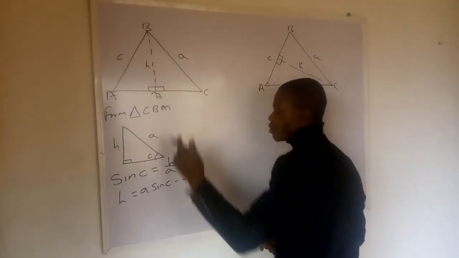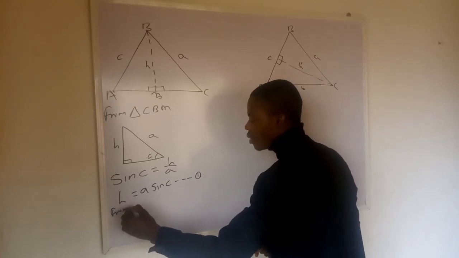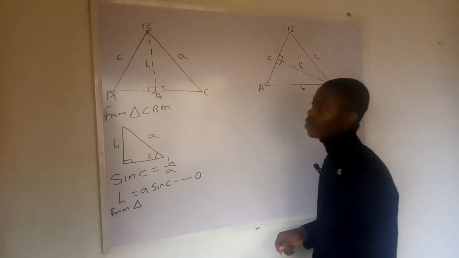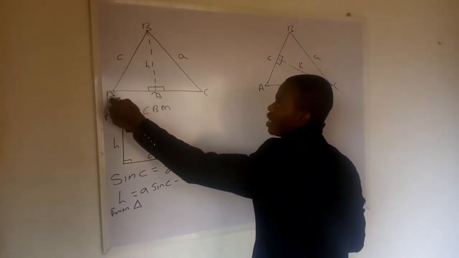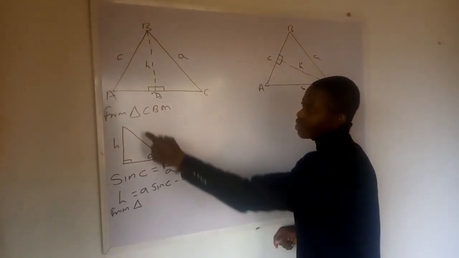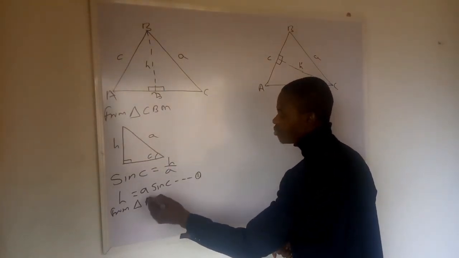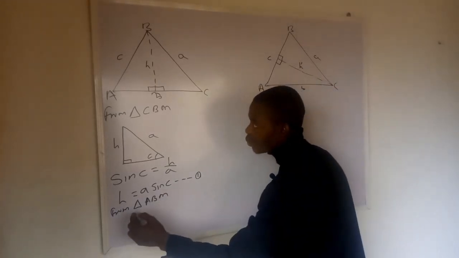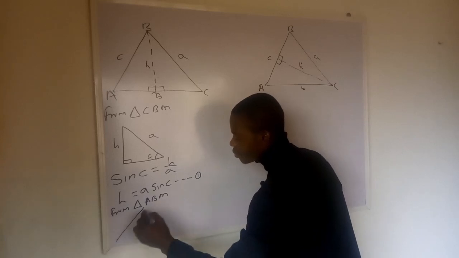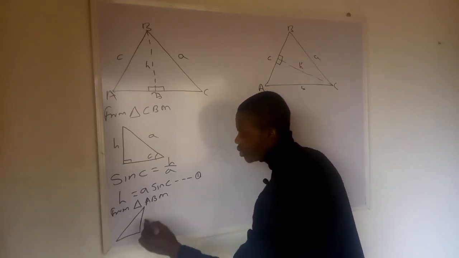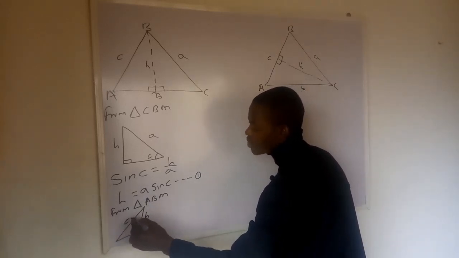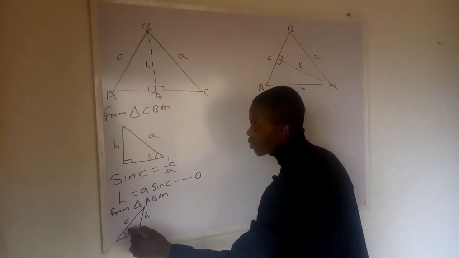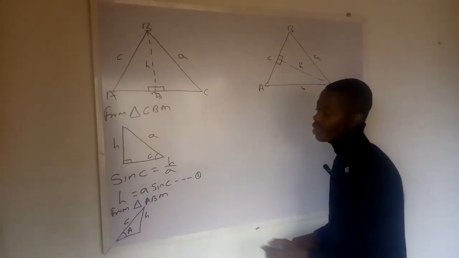Now for this other triangle, let's call it ABM, and this one is CBM, that will be ABM. Okay, perfect. Then we have this diagram. This is still H, but this one we have C, and this angle is angle A. Good.